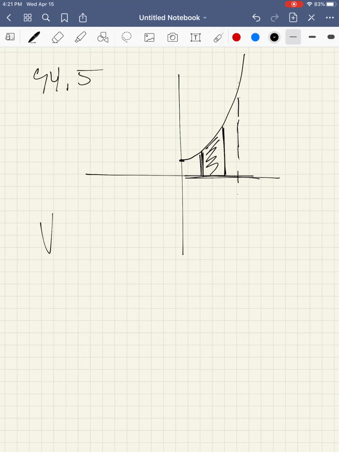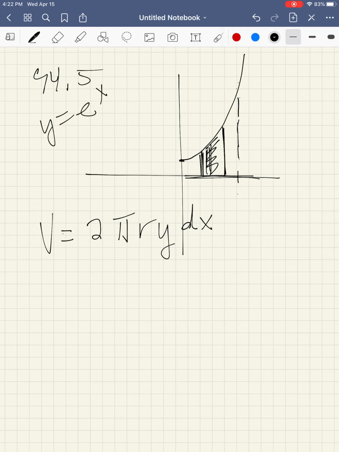All right, so let's see, using shells, the volume would be 2 pi r times the height, which is y, and then times the little shells are dx. Okay, now this was y equals e to the x, and then we'll have to figure out what the radius is.